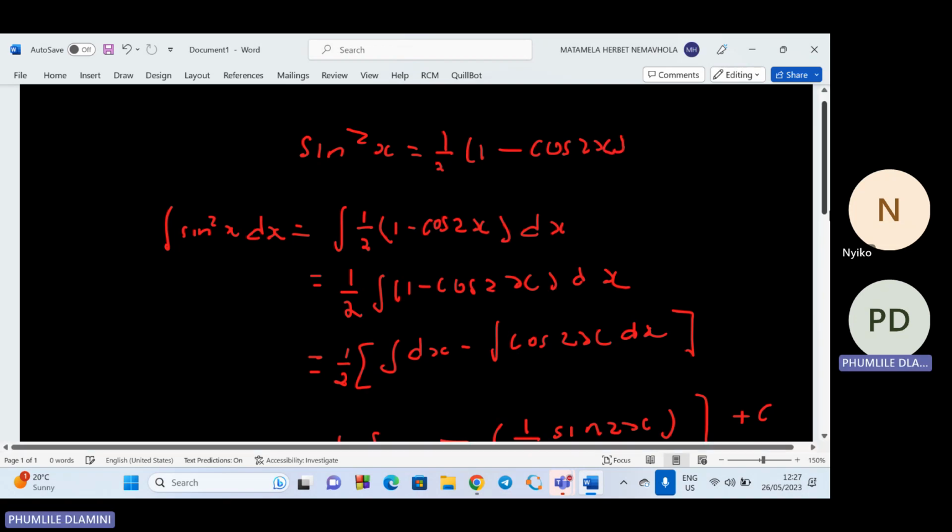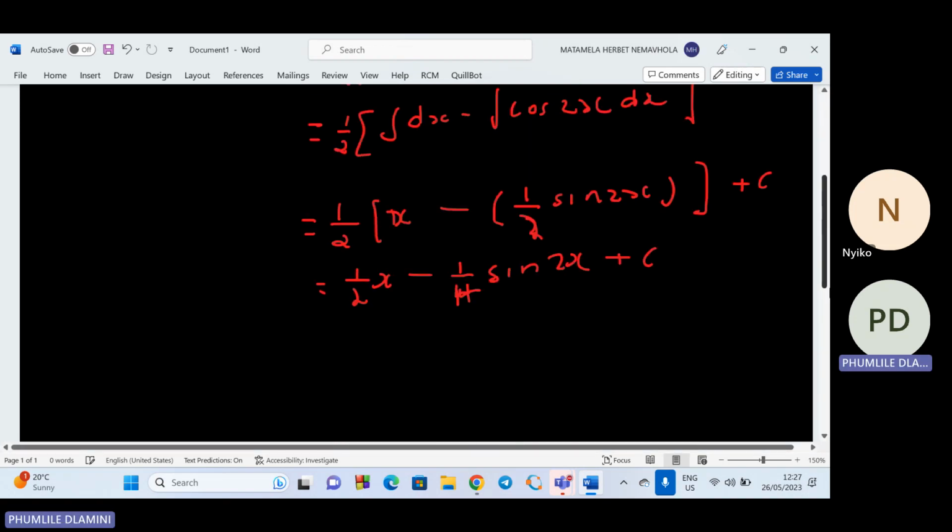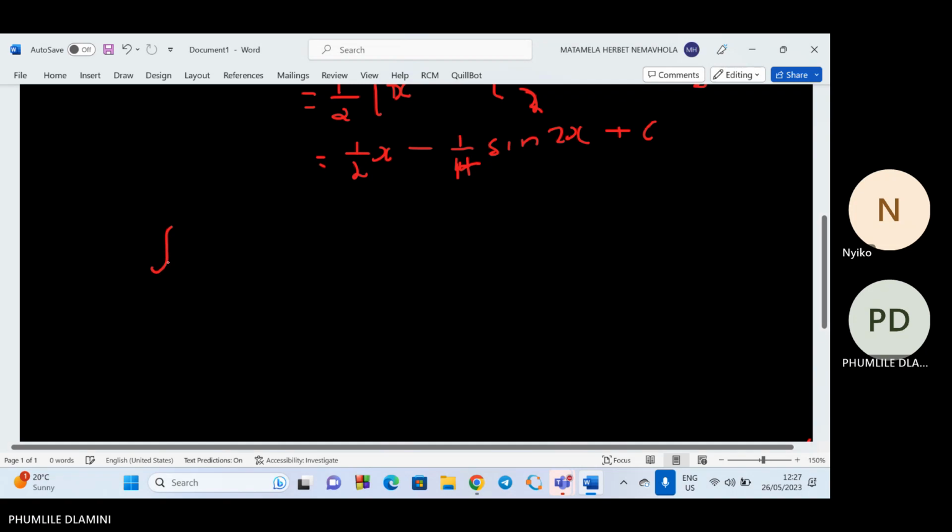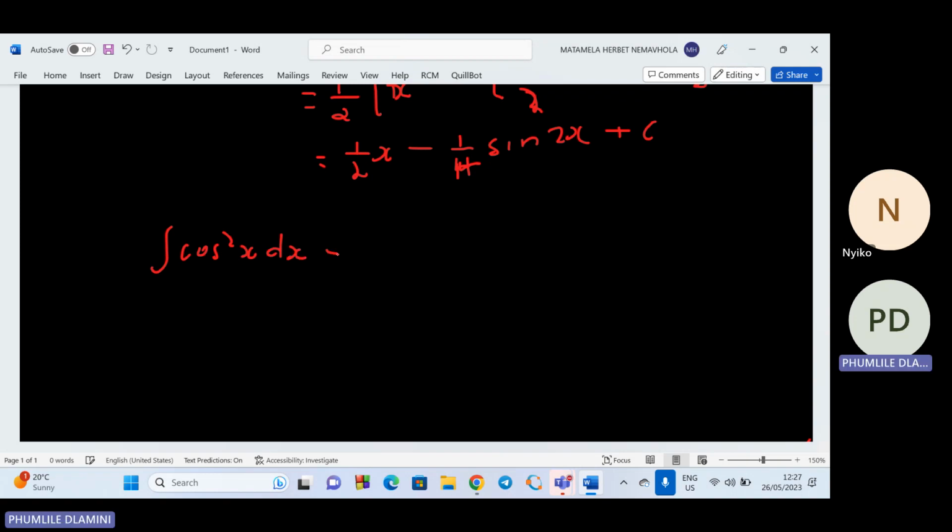So if I have an integral of cos squared x dx, and I have to work it out, the first thing I can do is change it to become 1 minus sine squared x dx.